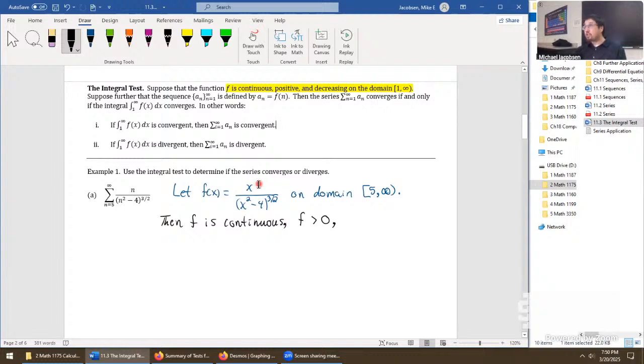If the numerator is degree 1, and the denominator is effectively degree 3 because of the power 2 on x and the power 3 halves here, this is a decreasing function. For large enough values in this domain, the denominator increases so rapidly with respect to the numerator that it is going down, decreasing. So let's just assert decreasing.